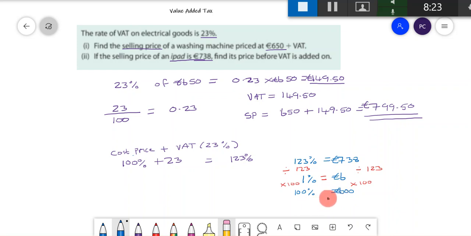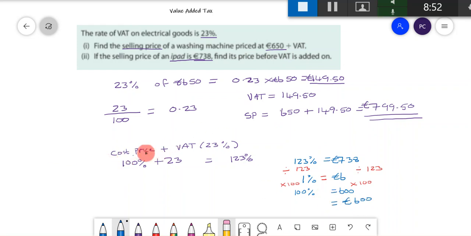So the answer is €600. If the selling price of the iPad was €738, then its price before VAT is €600.